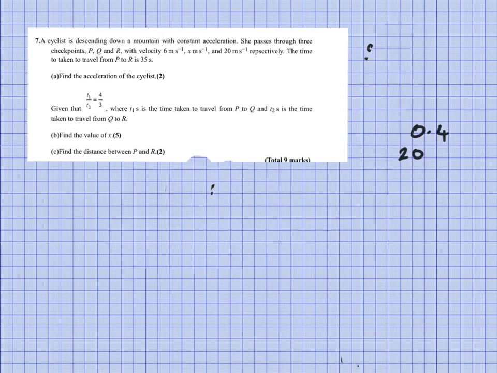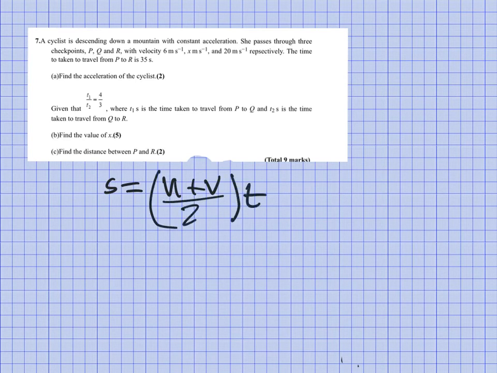And in part C, we're asked to calculate the distance between P and R. So we know that S is equal to average speed times time. So U plus V over 2 times time. Average speed times time gives you the distance.